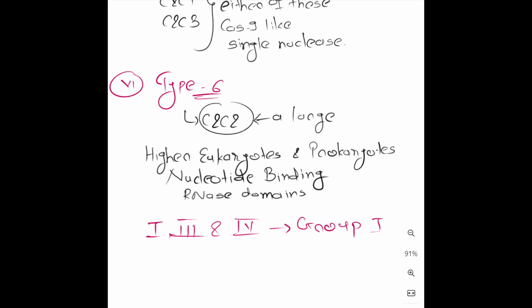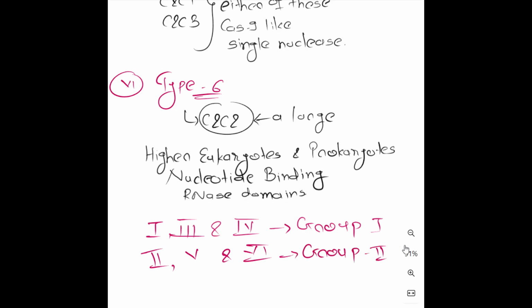So this grouping is done based on the fact that these three systems, that is class 1, 3 and 4, use multimeric effector complexes, which means that class 2, class 5, and class 6 systems are grouped into a separate group.